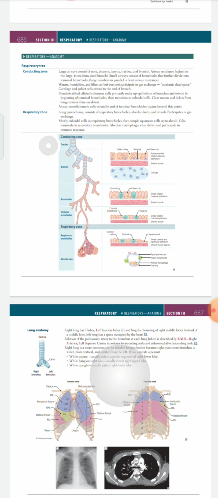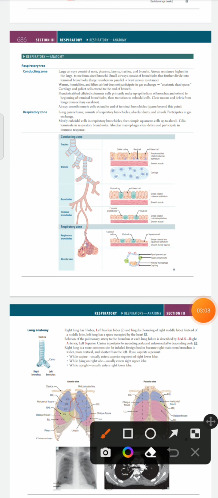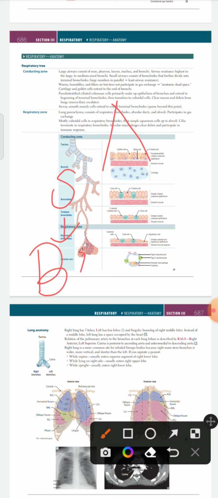The conducting zone is richly innervated by the autonomic nervous system. So they have sympathetic supply as well as parasympathetic supply. The sympathetic system acts through the beta 2 receptor. When beta 2 receptors are activated, they result in dilation of the airway.